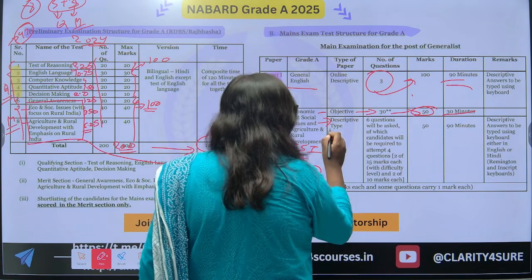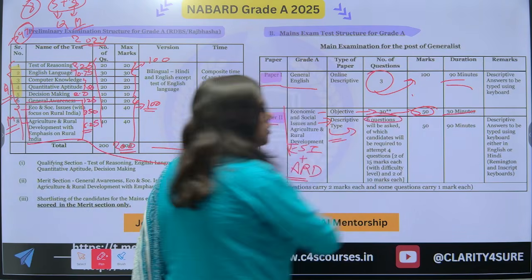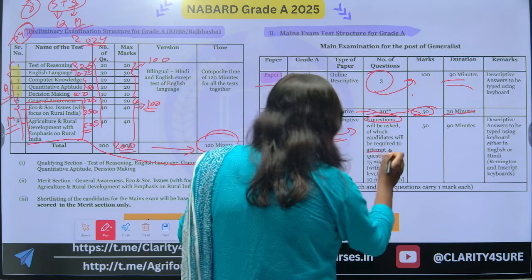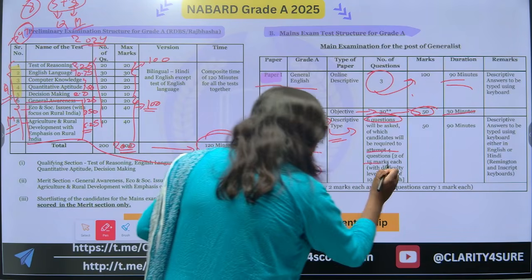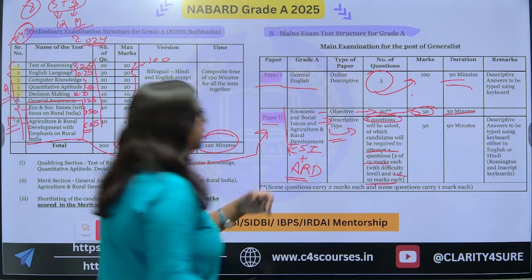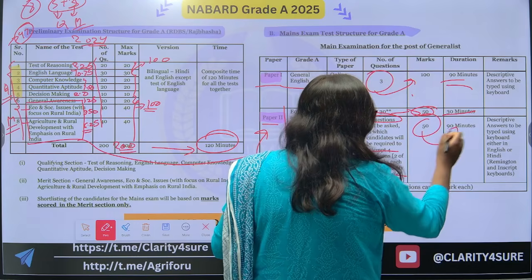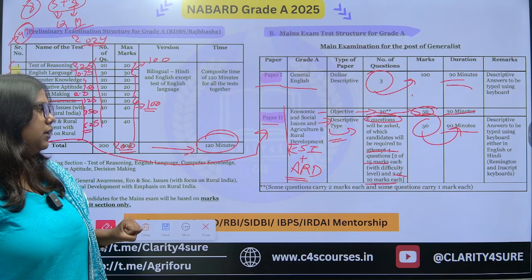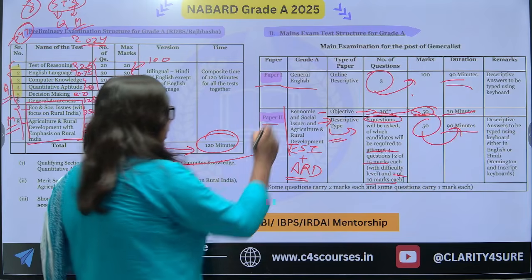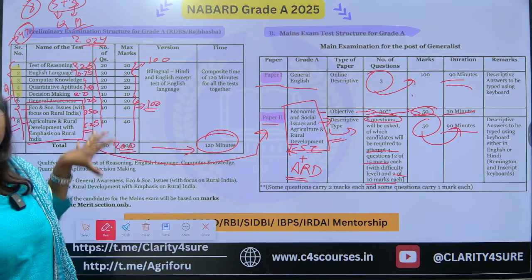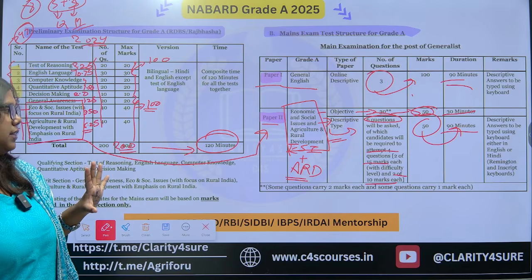In ESI and ARD descriptive, only 6 questions are asked where you only have to attempt 4 questions, 2 questions of 15 marks and 2 questions of 10 marks each. That means a total of 50 marks will be allotted in descriptive and you have to write your answers in 90 minutes. And ESI and ARD are a very important part of NABARD Grade A, both for the mains and preliminary examination.